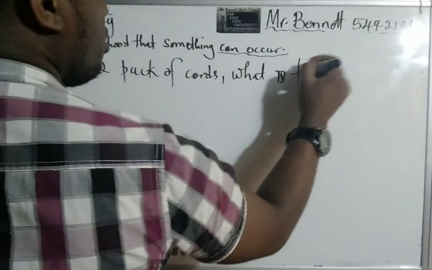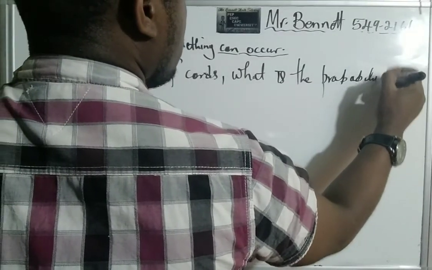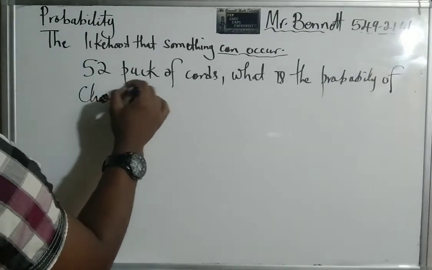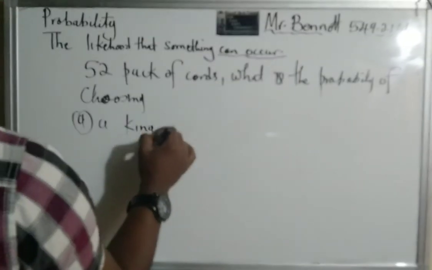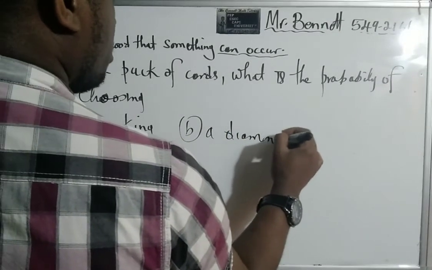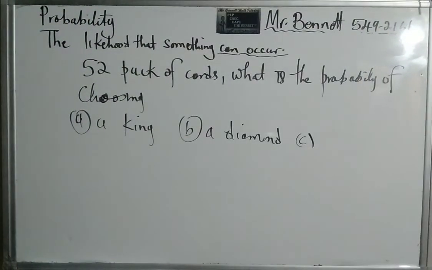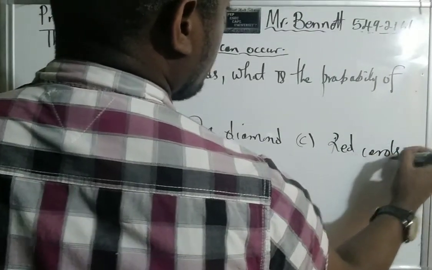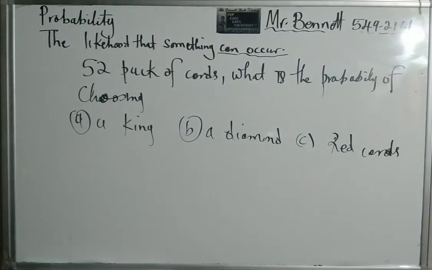What is the probability of choosing A, a king, B, a diamond? So I give you some typical examples, and they can say a red card. And this is for persons who are familiar with cards. Alright, if you're not familiar with cards, then it's gonna be a bit difficult.